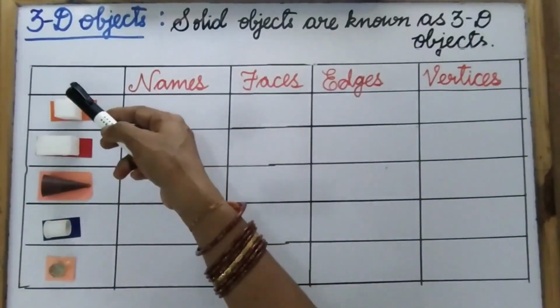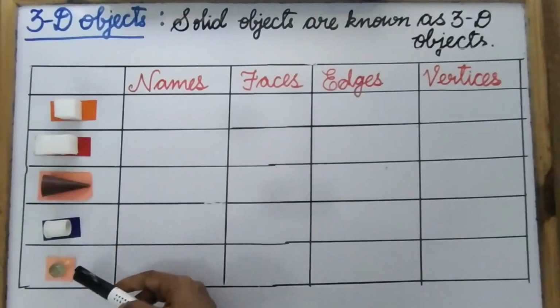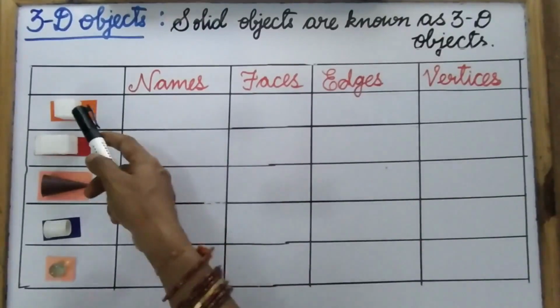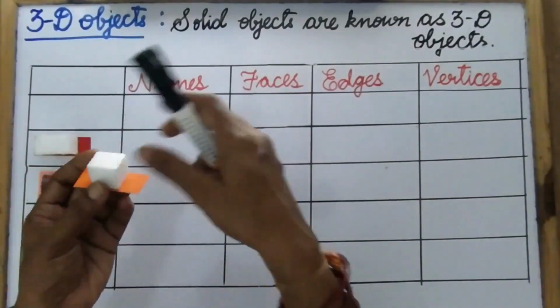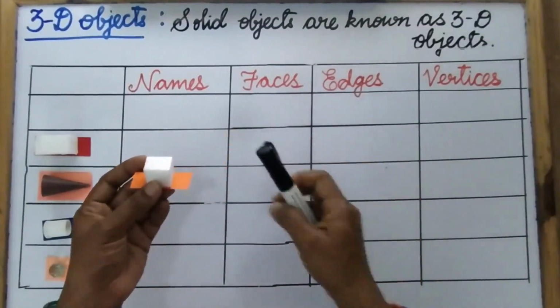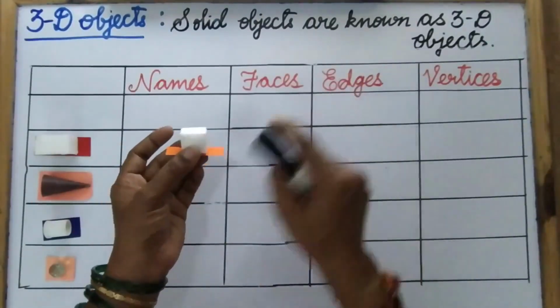Okay, what is this? Cube, cuboid, cone, cylinder and sphere. Okay, so cube. The name of the shape is cube. How many faces does a cube have? A cube has 6 faces. Okay, these are all faces. What about edges?